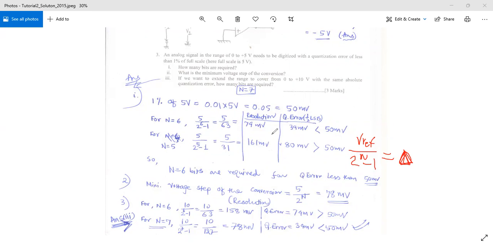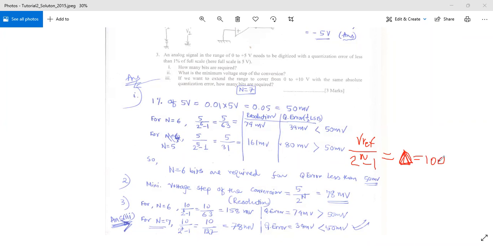If we need the same quantization error, we just simply do this. That means 50 millivolt will be our same quantization error. If 50 millivolt is half the LSB, or half the resolution size, then our change over here, this particular value, will be 100 millivolt.